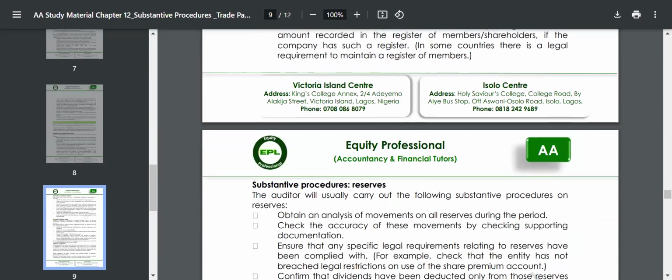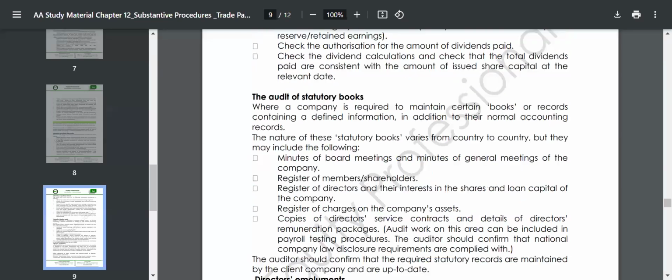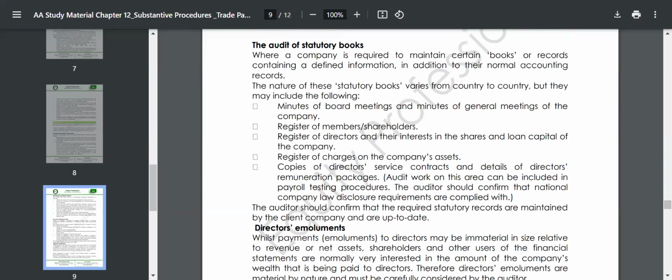From there, before we go to the substantive procedure for reserves, I want us to look at statutory books. So the auditor will need to audit what we call statutory books. Statutory books are books that a company has to keep by law.